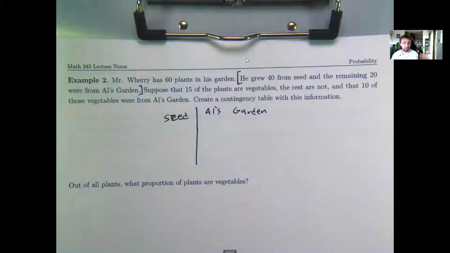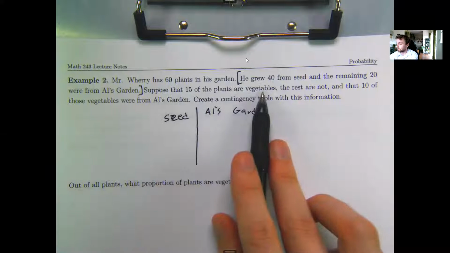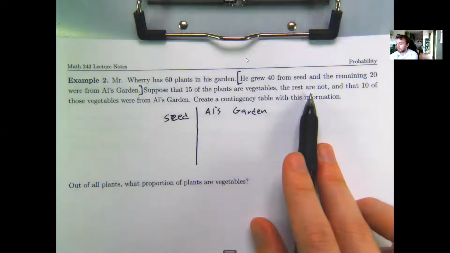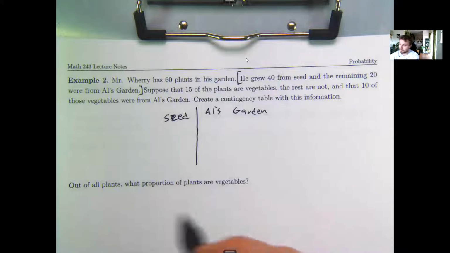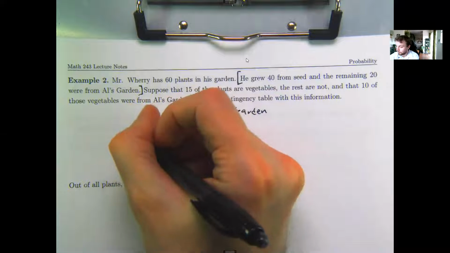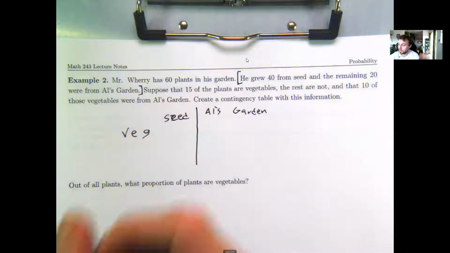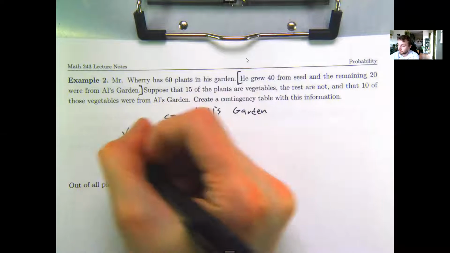That's one of the variables. I'm going to keep reading, and I see that 15 of these plants are vegetables and the rest are not vegetables. So I have veggies and not veggies.